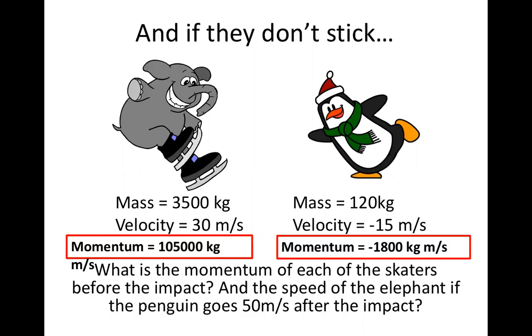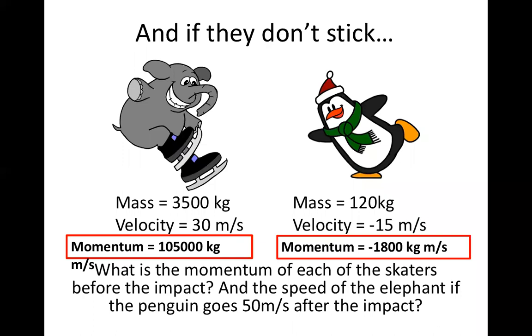If I look at the elephant, what is the momentum of the elephant after collision? 103,200 divided by 3,500. No. What is the momentum of the elephant after the collision? How to calculate momentum? 3,500 times 30.